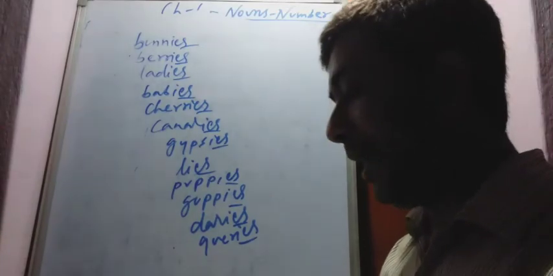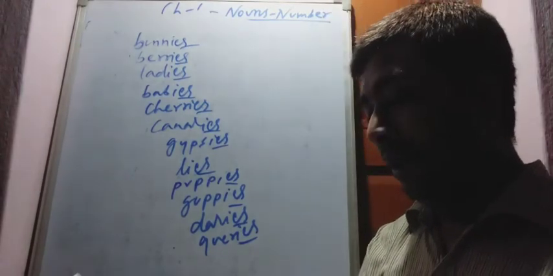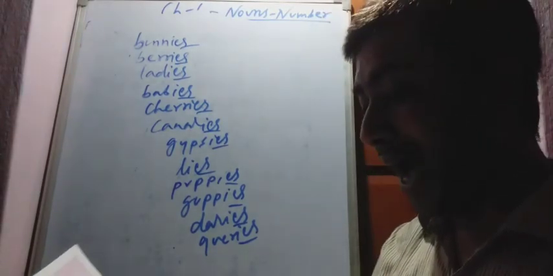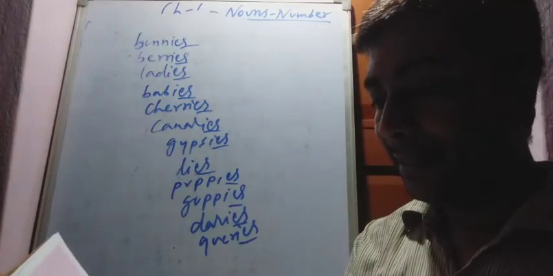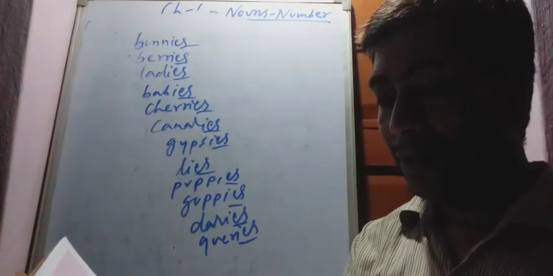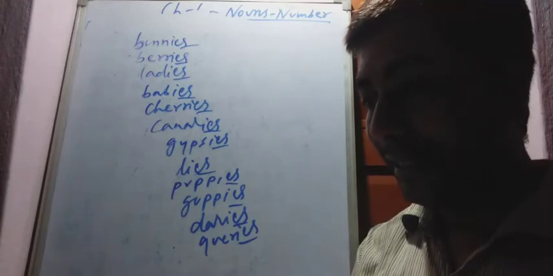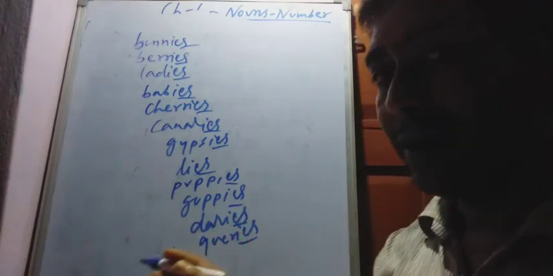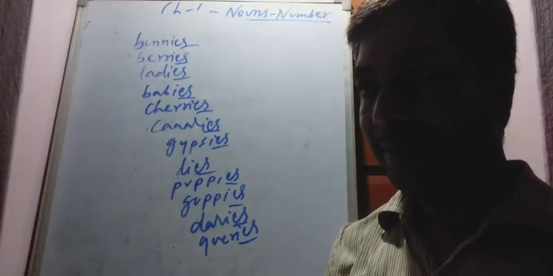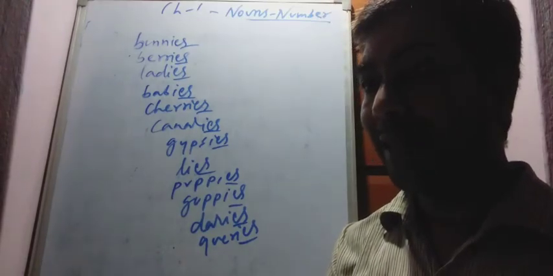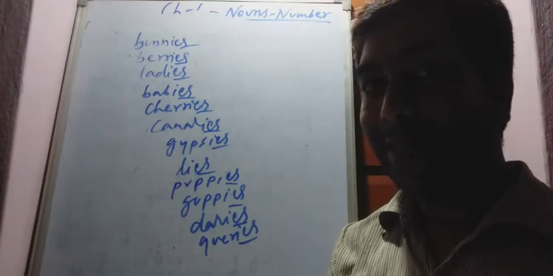So we know that words ending in Y and a consonant before it, then plural is made by removing Y and IES added.